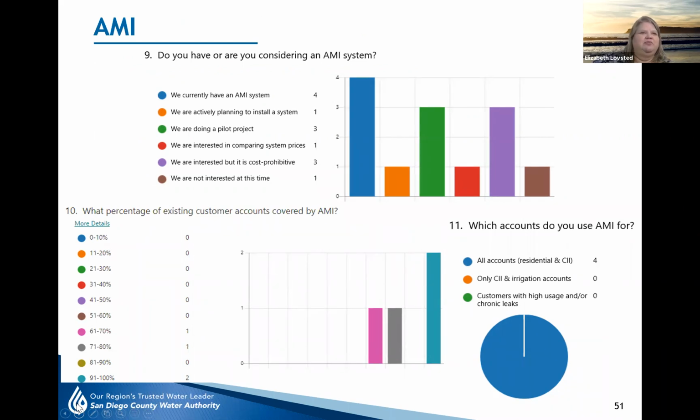So it's kind of all along the board on AMI systems. And for those that have AMI systems, how many customers are covered? Most of them were 90 to 100%. Some of them had 60 to 80% covered as well. And for those that had AMI, all of their accounts, residential and CII, are covered. Next slide, please.